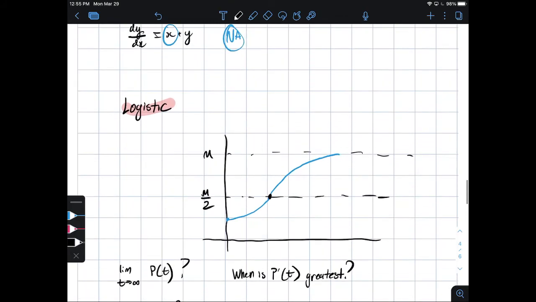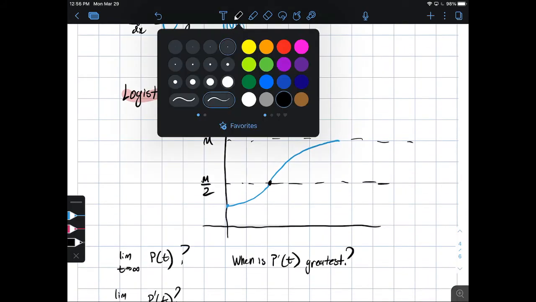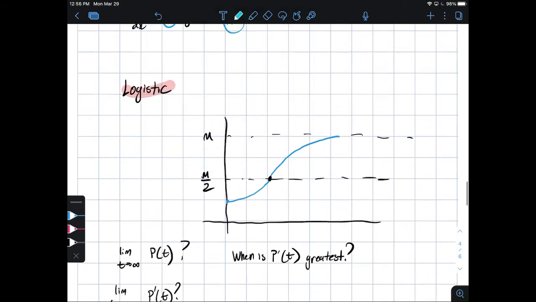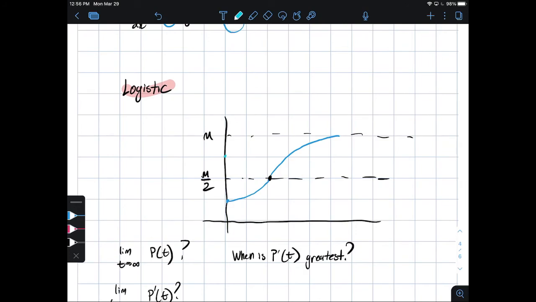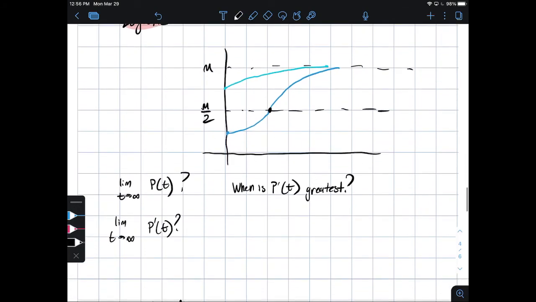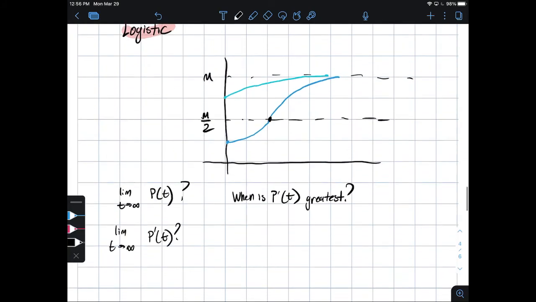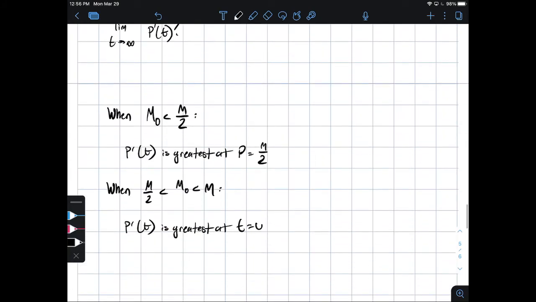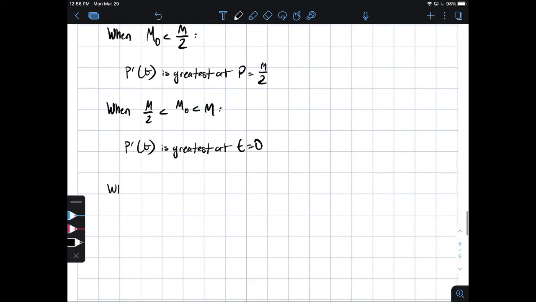So our curve now is going to simply look like this. We have our initial value here, and then it curves like that. What you can determine is that our highest value is simply going to be at t equals 0. Pretty straightforward.